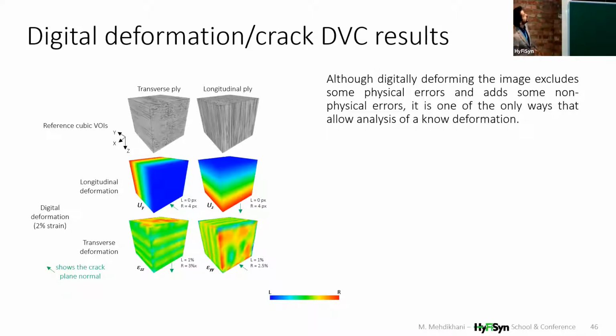In this case, as you can see, the deformation is recognized by DVC, the virtual deformation of 2%. In the strain fields, you can see some strips, which are attributed to the fact that digital deformation is not conducted uniformly on the image.